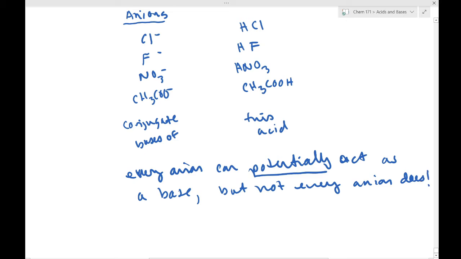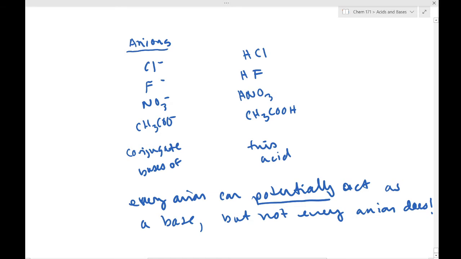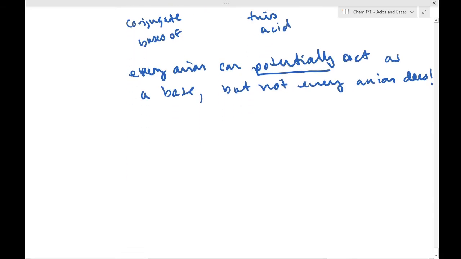As you can see here, you can add a proton onto the Cl minus and form HCl, etc. So you can potentially use every single one of these anions as a base, but not all of them are going to act as a base.